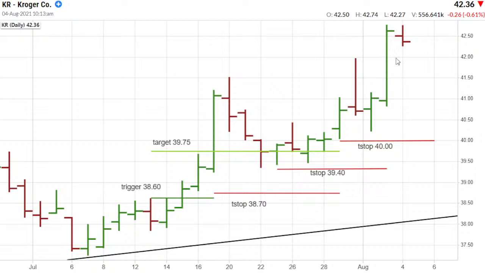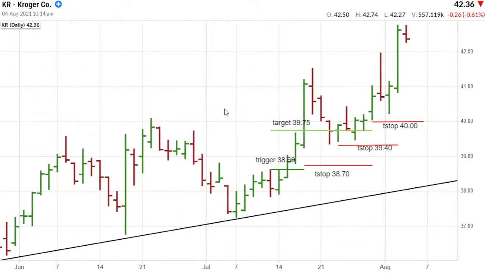However, typically after a long range day like this, it wouldn't be a bad idea to maybe protect some of this, depending on how aggressive you are with this type of thing. So it's a really good move in a very short amount of time.